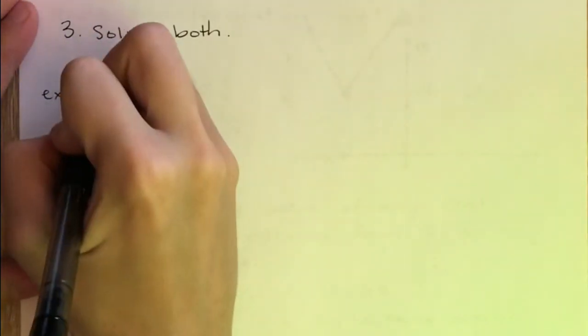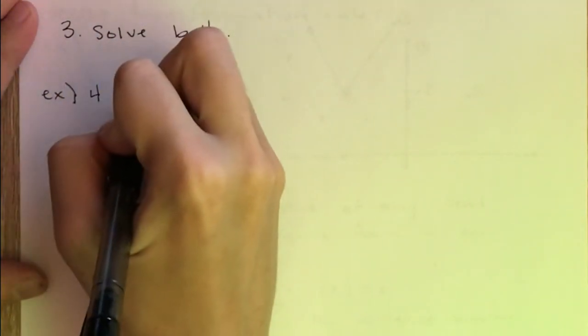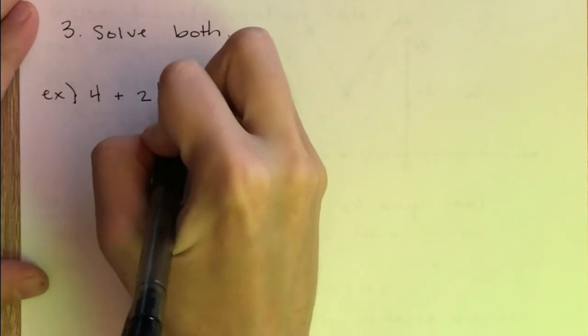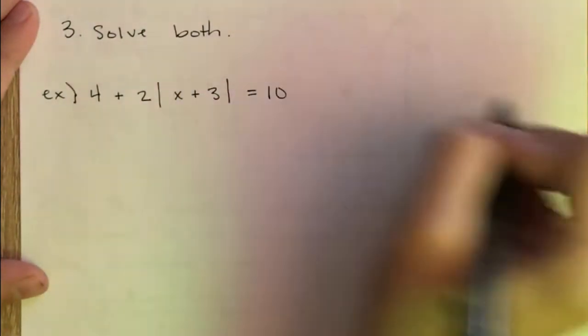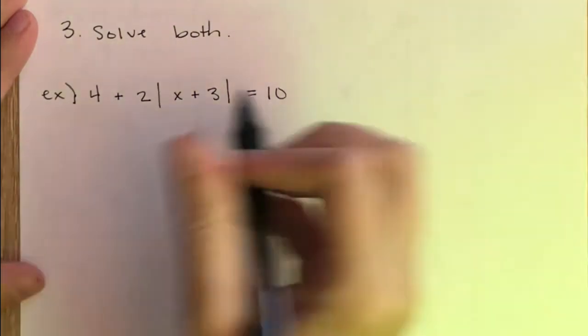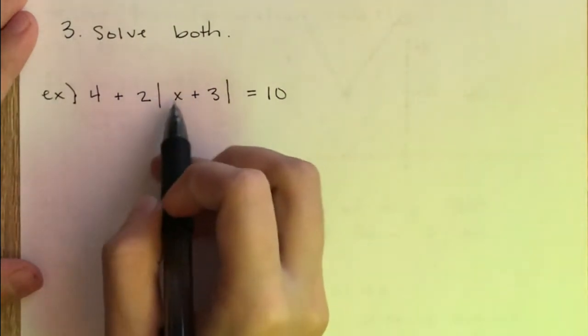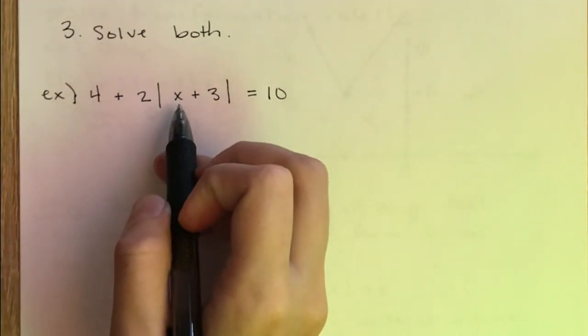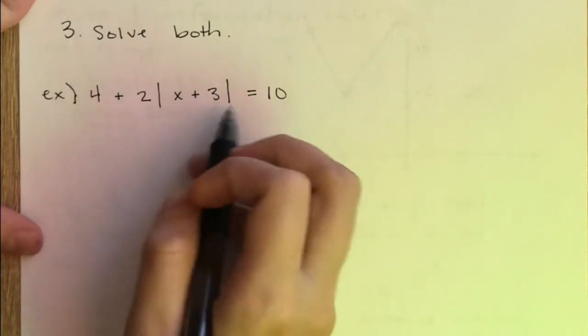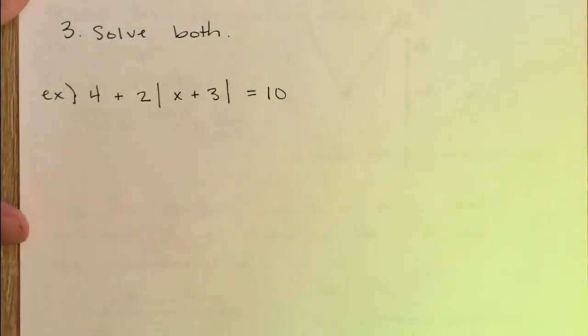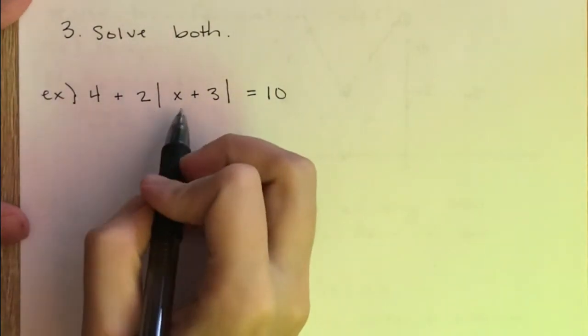Example. So let's say we've got 4 plus 2 absolute value x plus 3 equals 10. Well, we're trying to solve for x, so we're trying to get x on its own. So that means we definitely have to get it outside of these absolute value bars, which means we need to remove the absolute value bars.